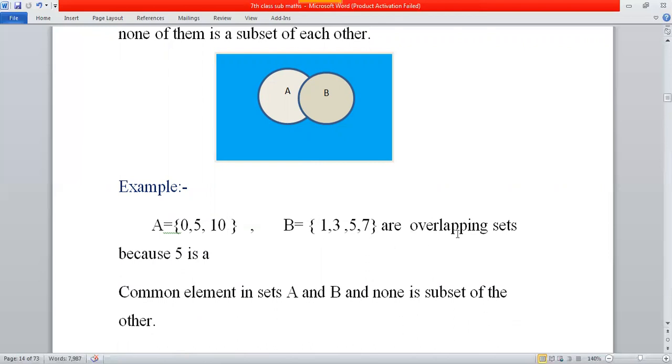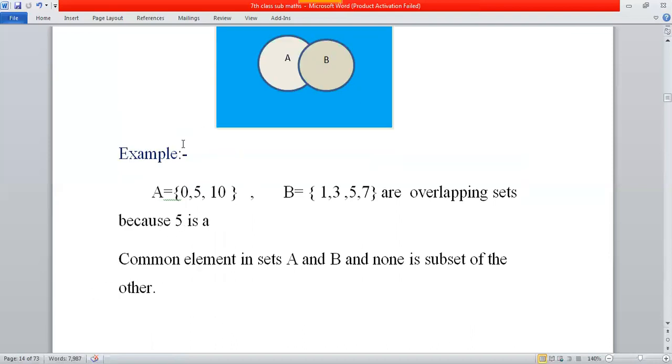These two sets are overlapping sets because 5 is a common element in both set A and set B, and neither is a subset of the other, meaning A is not a subset of B, and similarly B is not a subset of A. Only one common element, that is 5. In overlapping sets, it's not compulsory that only one element is common; maybe two or more elements are common, and then again they will be considered overlapping sets.